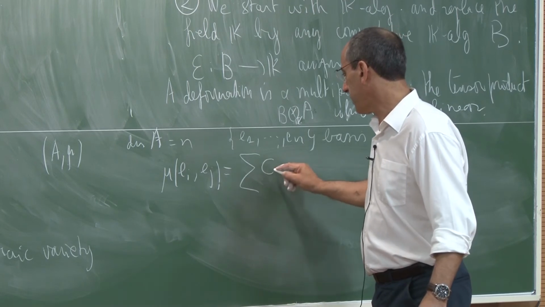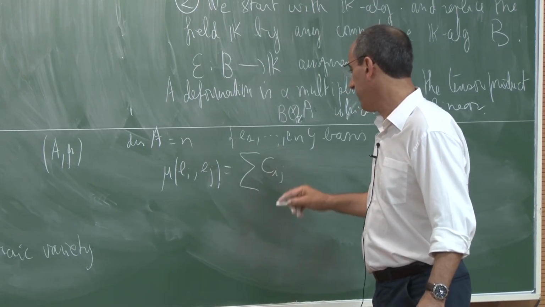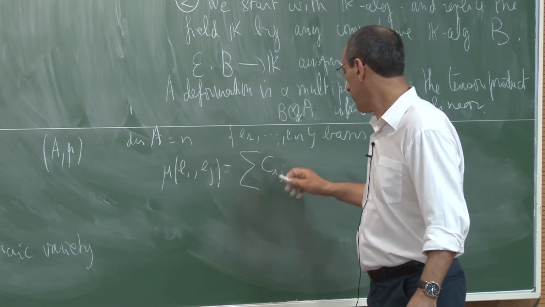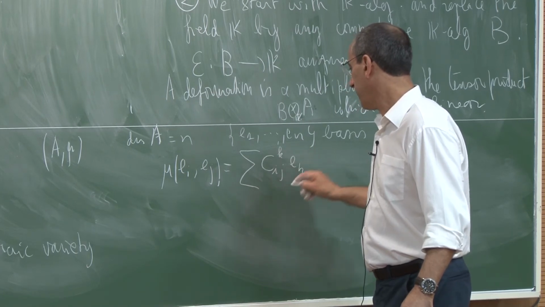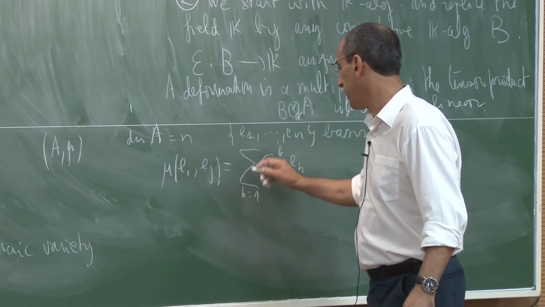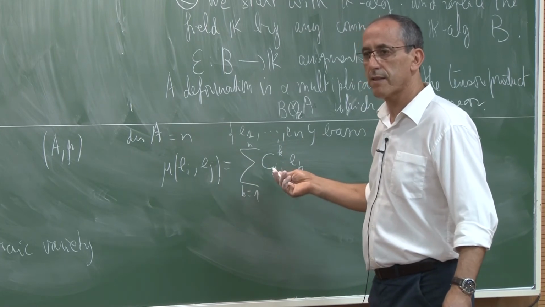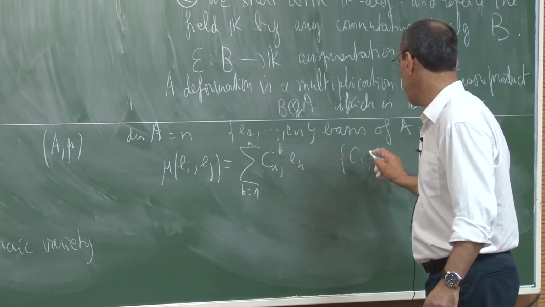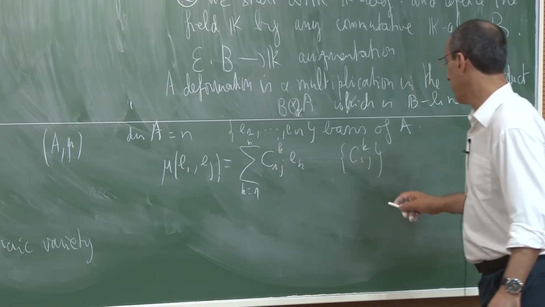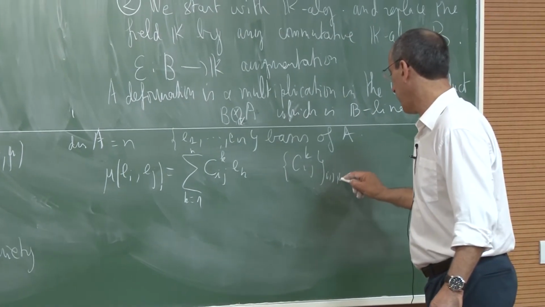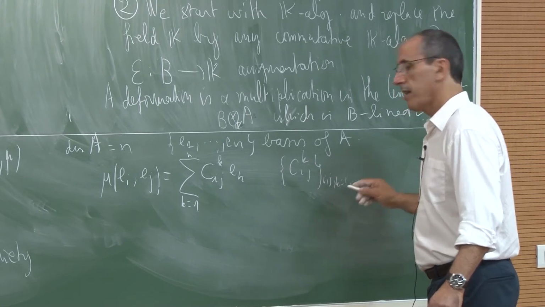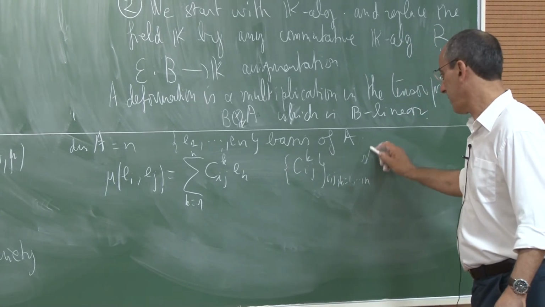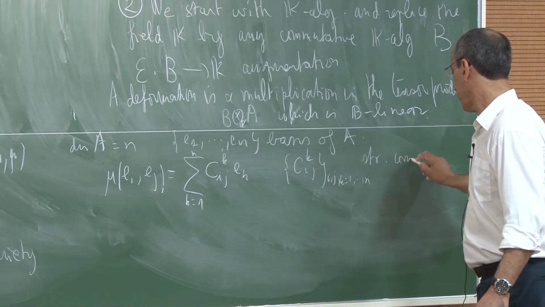Then we have here the multiplication mu(Ei, Ej), an element of A, which could be written as a sum of c_ij^k Ek, where we sum over k from 1 to n. We call this set of c_ij^k, with i, j, k running from 1 to n, the set of structure constants.